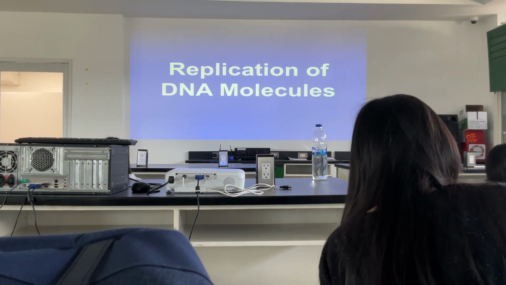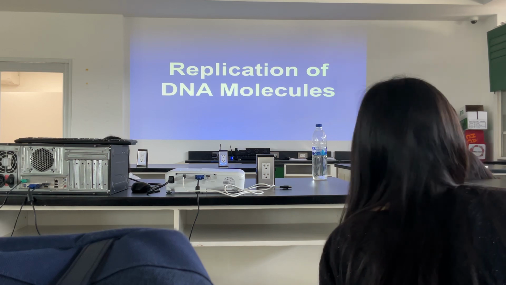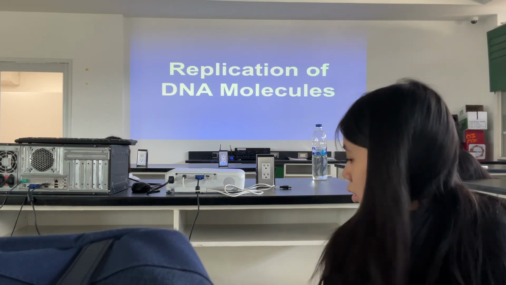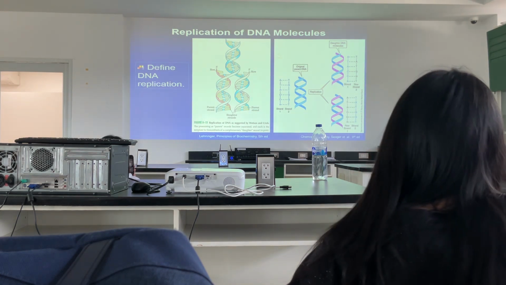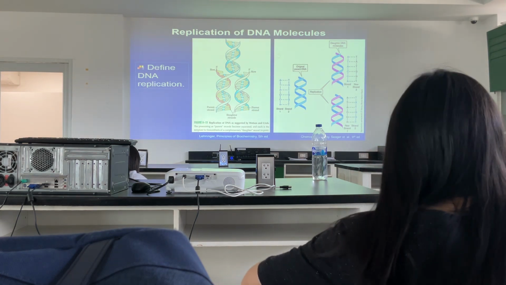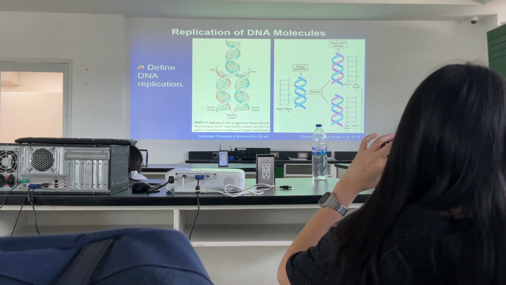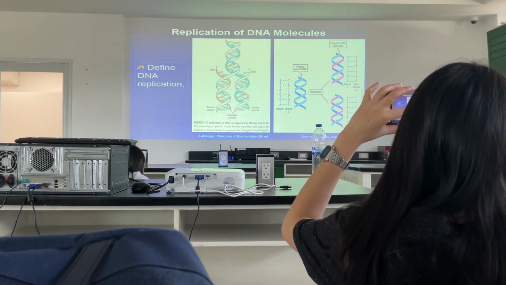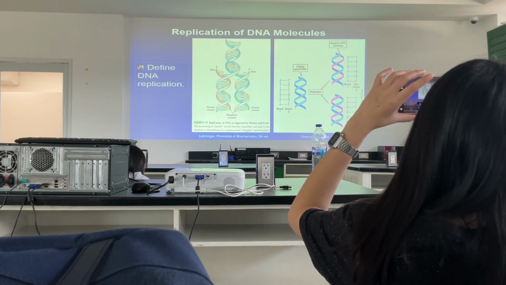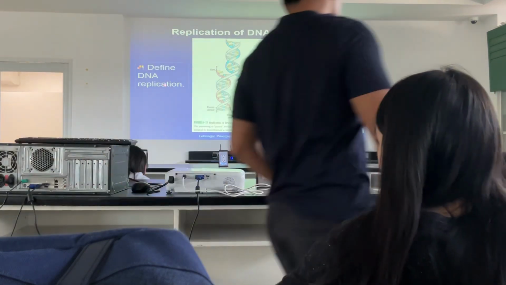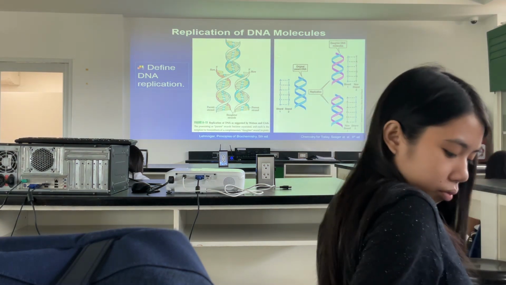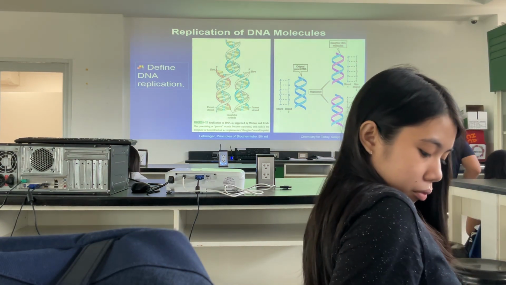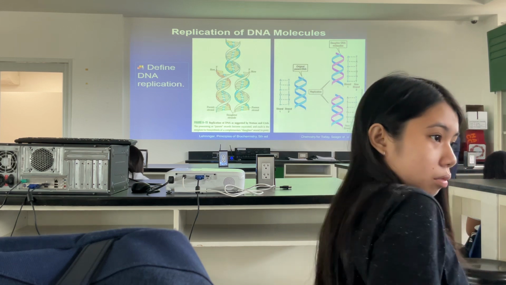So our topic for today is on replication of DNA and RNA. Define DNA replication. DNA replication is the synthesis of a replica, or identical copy, of your DNA during cell division.